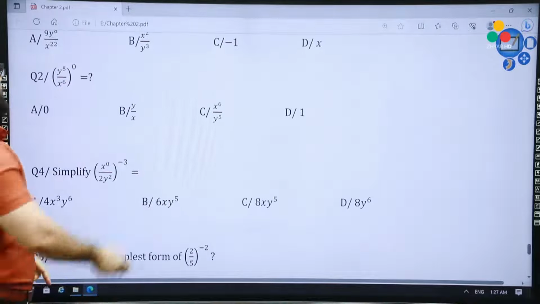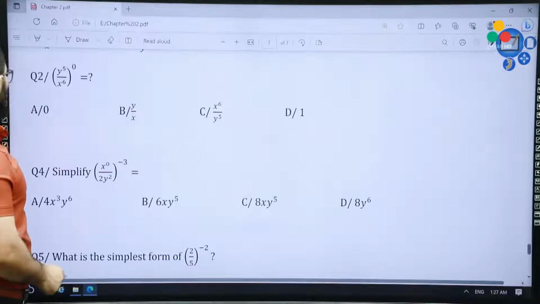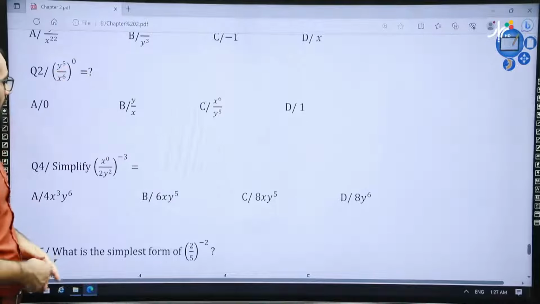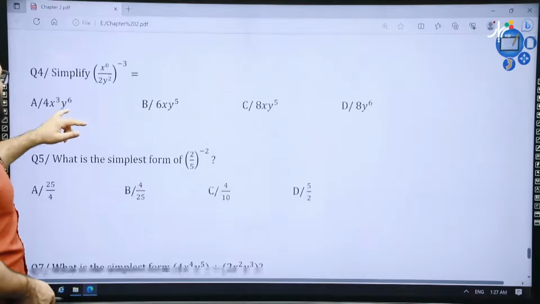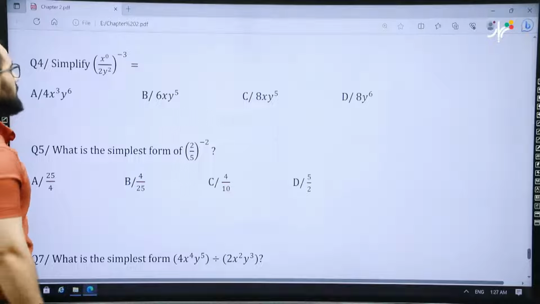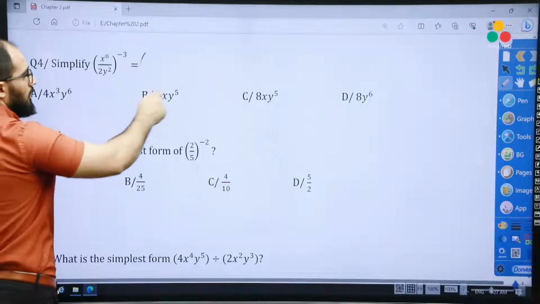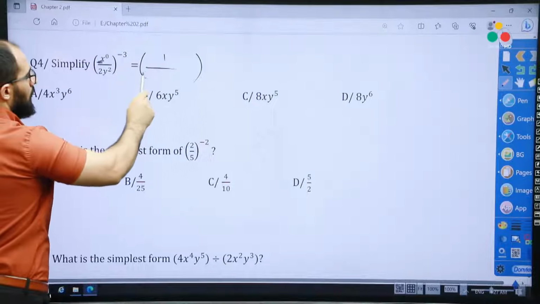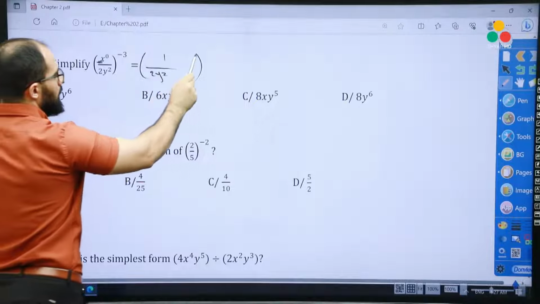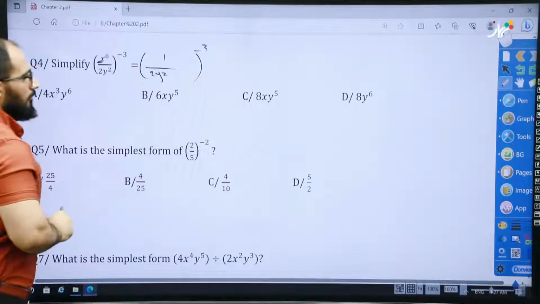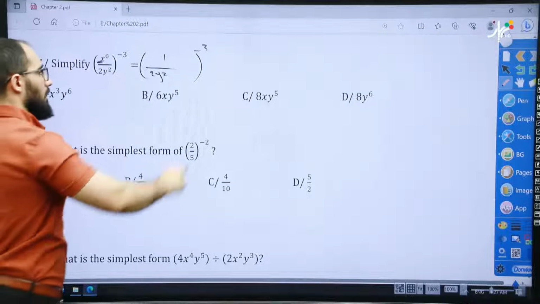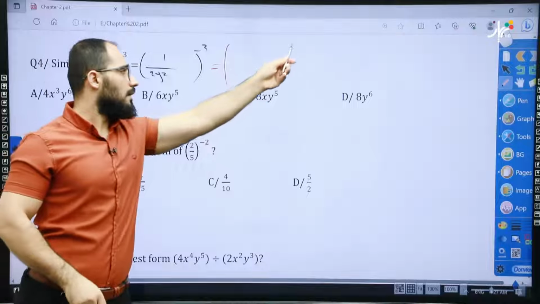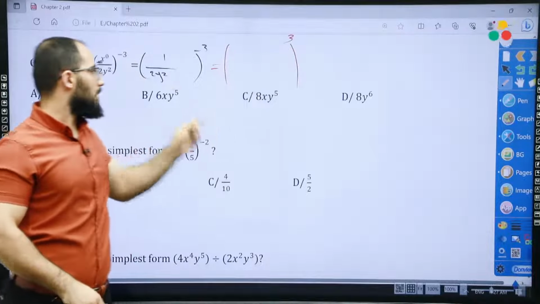For question 2, it's quite easy because we have power 0. It's going to be 1 because there is a power 0. Then question 4, before we upside down the number x power 0, it's going to be 1, 2y squared, and we have negative 3. Because of the negative 3, try to upside down the number.